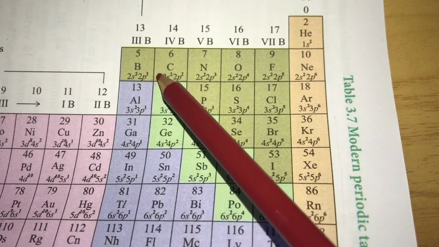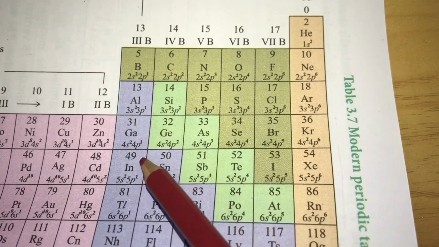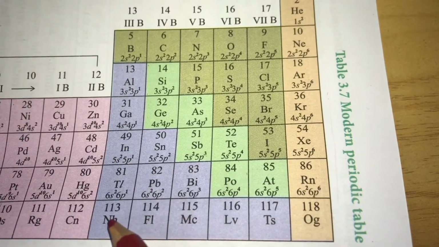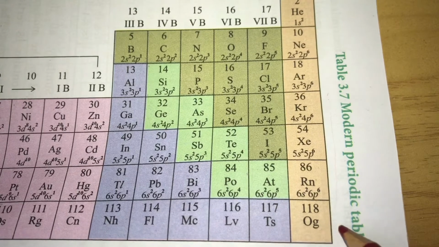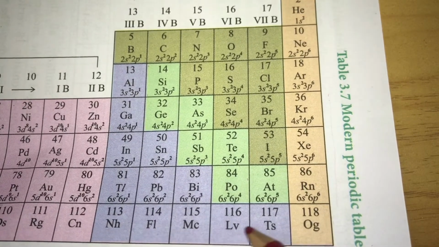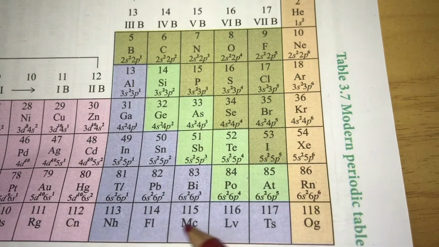Coming down: boron, aluminium, gallium, indium, thallium, nihonium. The last row is radioactive in nature.